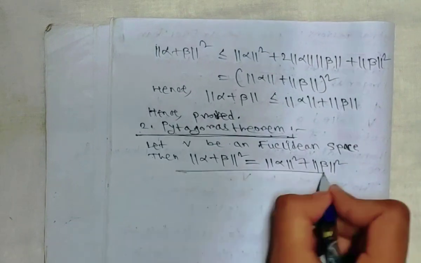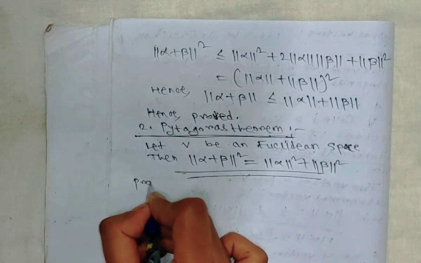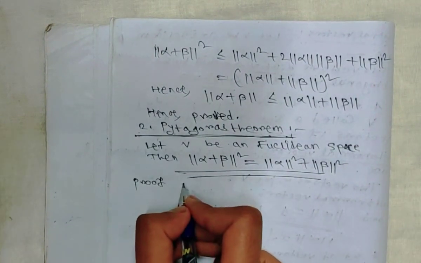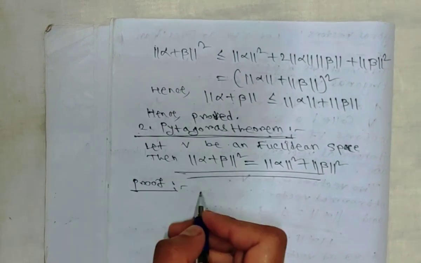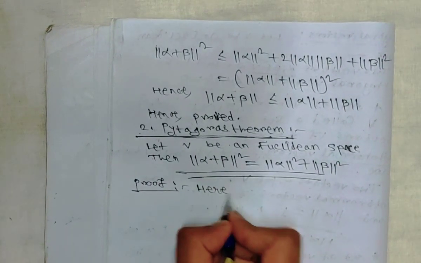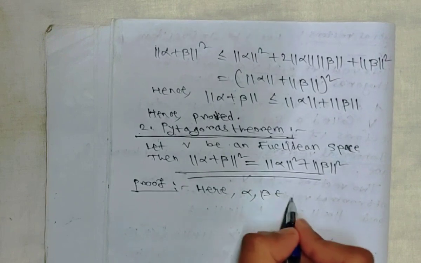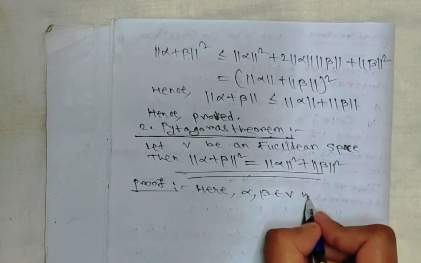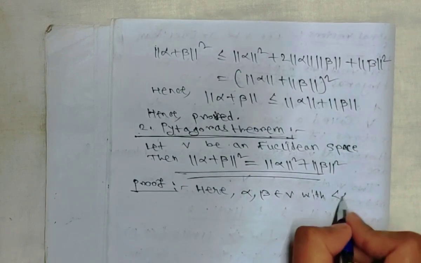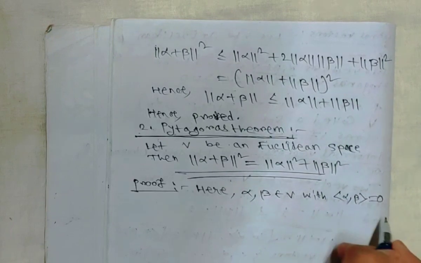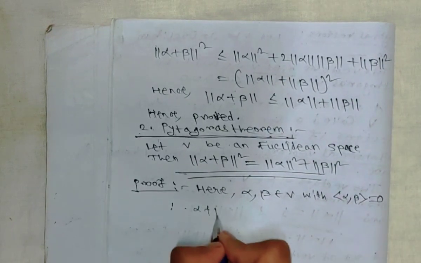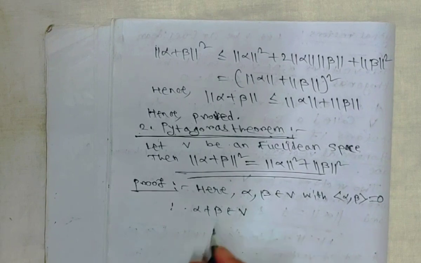Proof. Here we have alpha beta belonging to Euclidean space V with the inner product of alpha beta equals 0, and alpha plus beta also belongs to Euclidean space V.